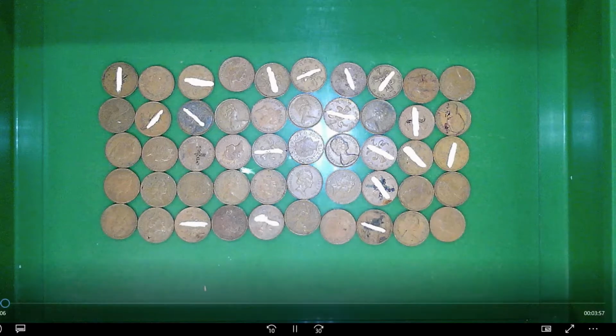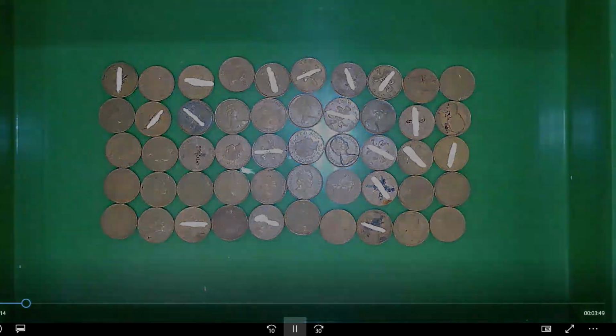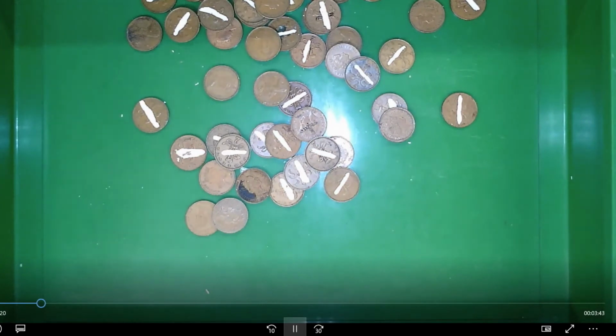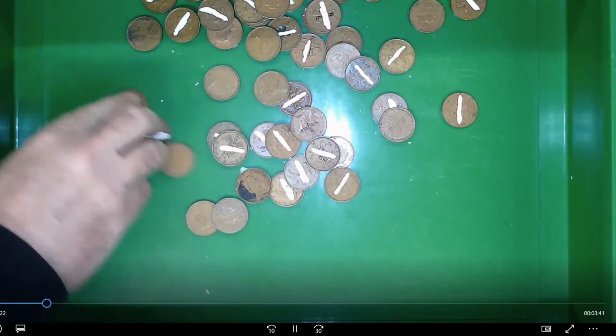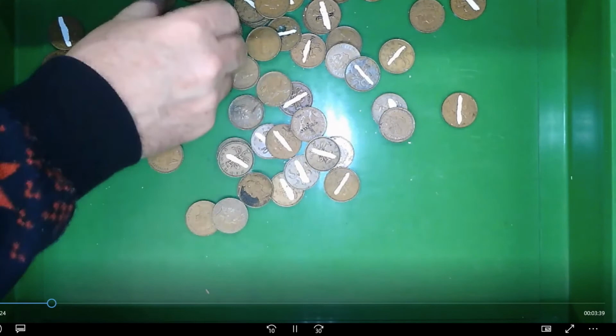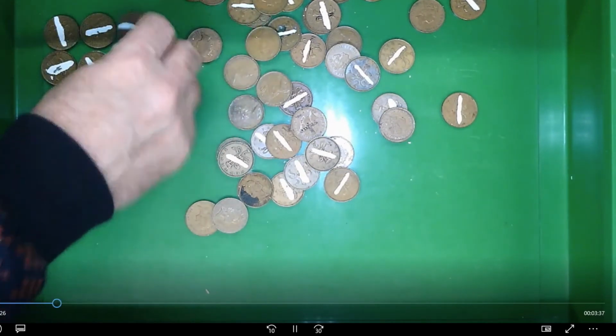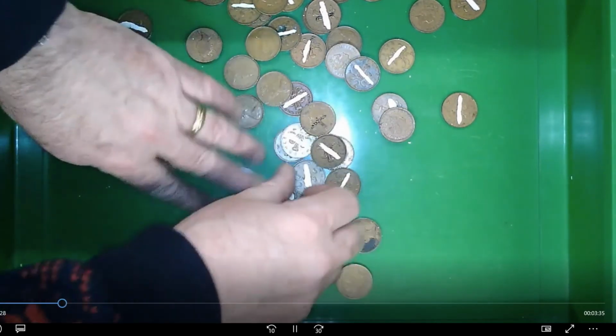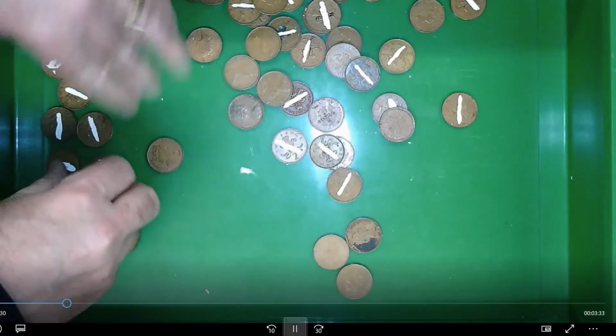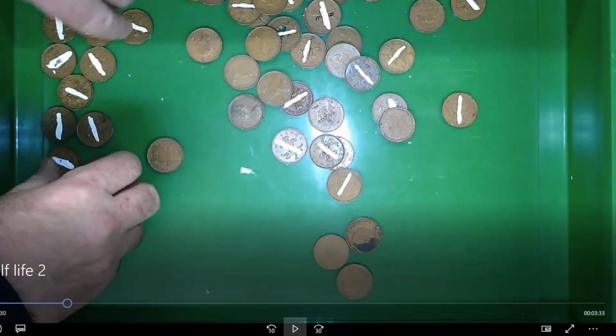So each coin represents an atom. If it's undecayed, then it's heads.